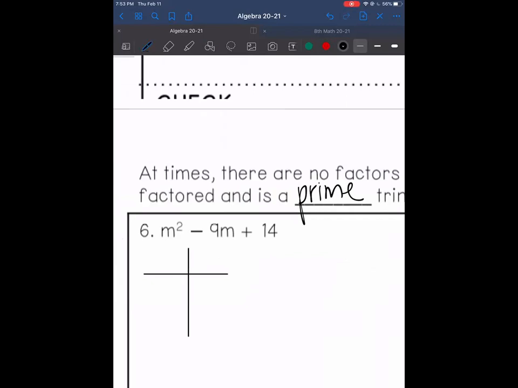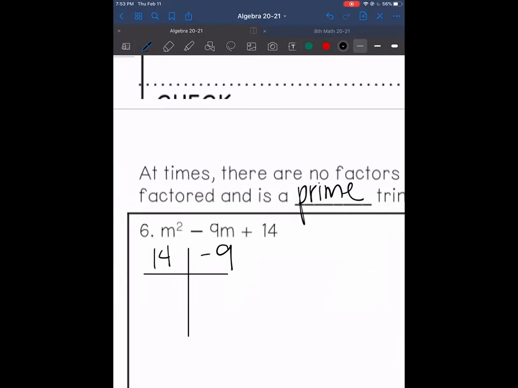I want a product of 14 and a sum of -9. Now, I know that my sum here is negative. That only happens if I have a negative in one of my factors. But because my product is positive, that means both of my factors will be negative, because a negative times a negative equals a positive.